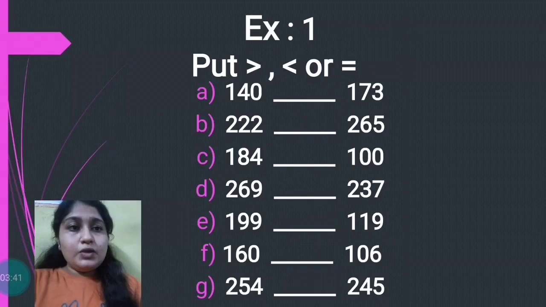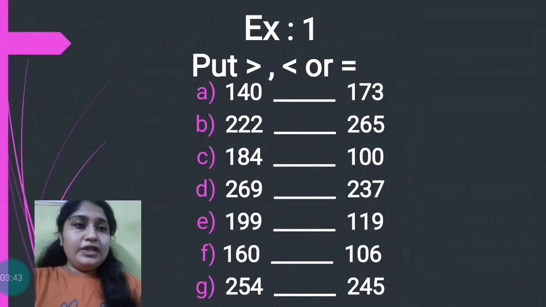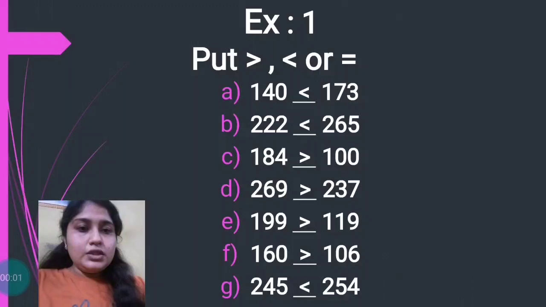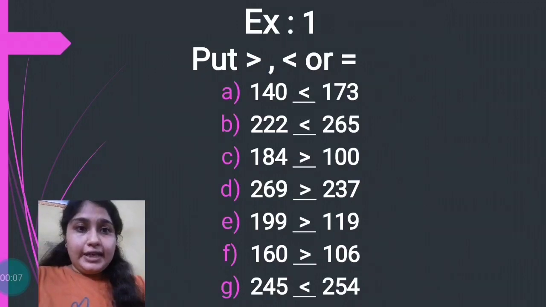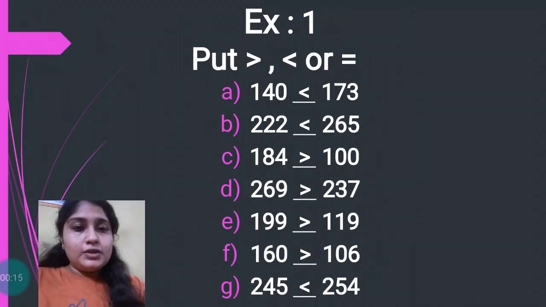So here students, we have to fill the blank with the help of the signs. Okay. Let's see the answers. Students, start writing in your maths notebook along with me. You have to mention the date and write down chapter number 2, exercise 1. Don't worry, the PDF of these notes is also attached with the video.